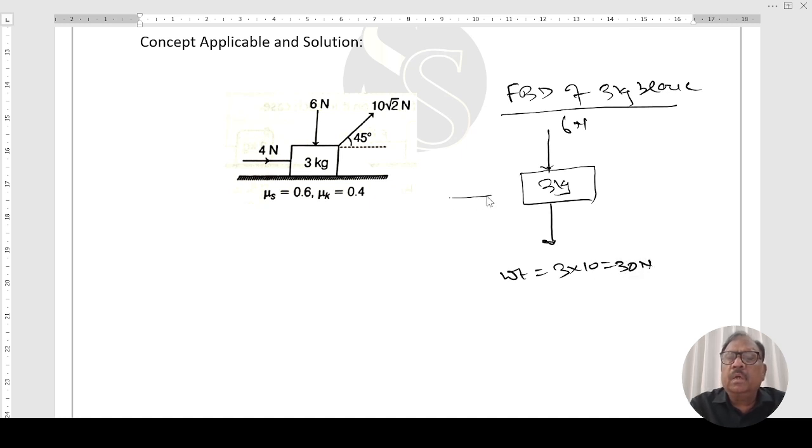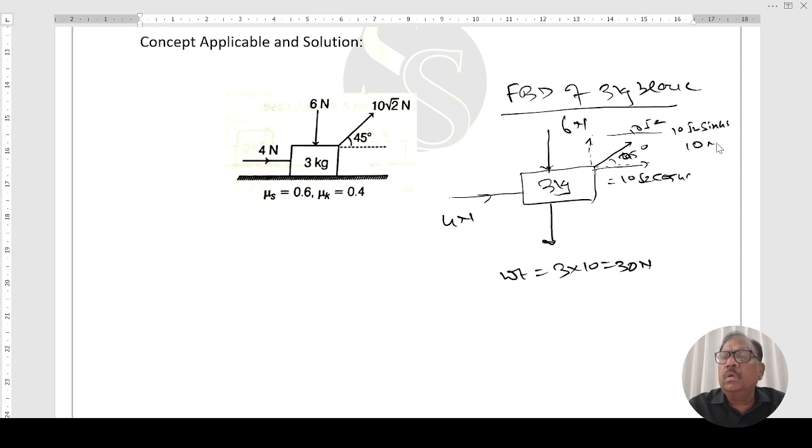One force is acting, 4 Newton. Another force, 10 root 2 at 45 degrees. This will have components 10 root 2 cos 45 and 10 root 2 sin 45.